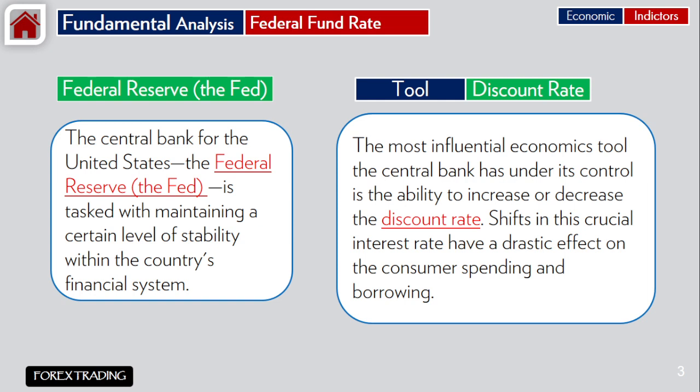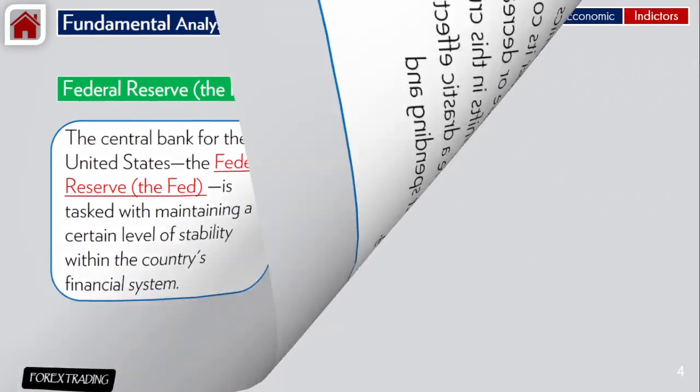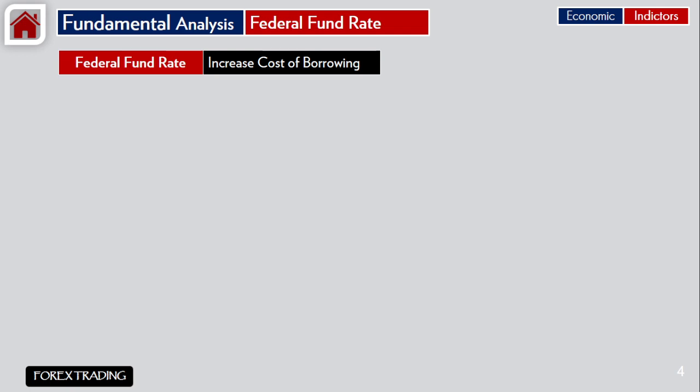As a forex trader, it is very important to understand each country's central bank, especially the United States Federal Reserve Bank, because the dollar is the dominating currency. When they increase or decrease the interest rate, it has a ripple effect on the forex market, and traders can be affected positively or negatively. So now let's take a look at one example.